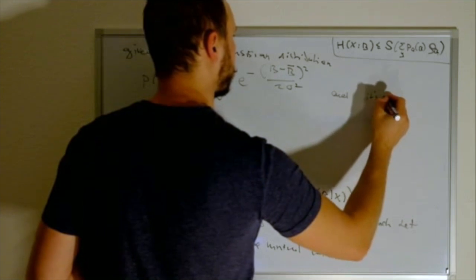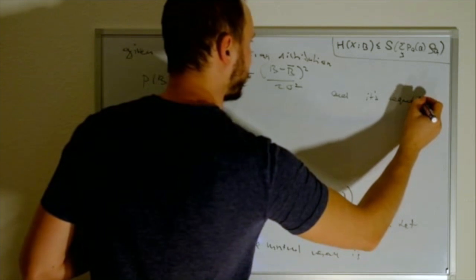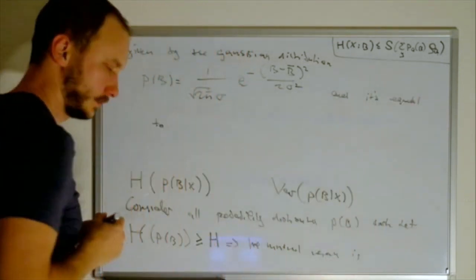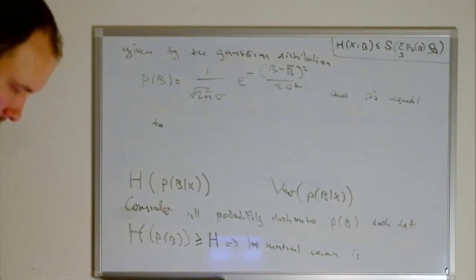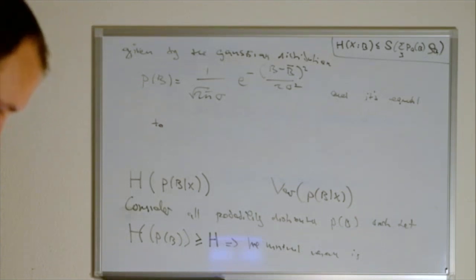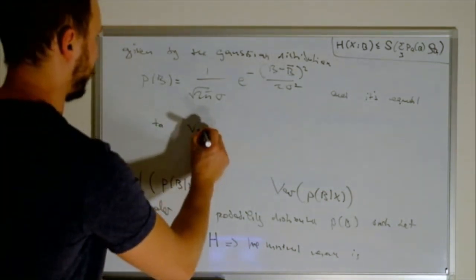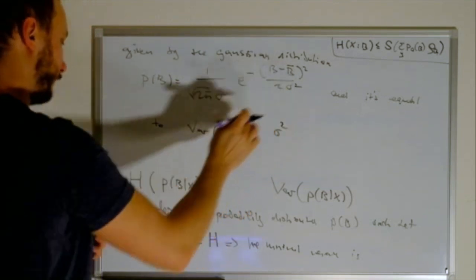Now it's a bit complicated formula, but I'll just write it down from the note. So the variance of P of B is equal to sigma squared, right, for Gaussian.